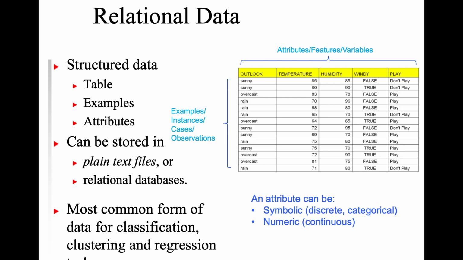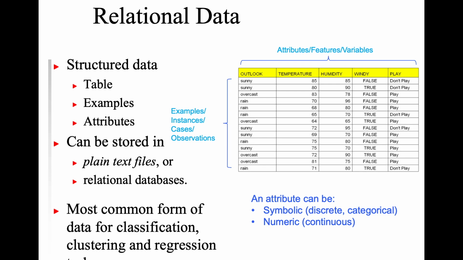Tables include rows and columns. The example here shows a table about the temperature, humidity, and weather, for example, where you can decide whether you want to go out and play, let's say, tennis or not. And there is some information.